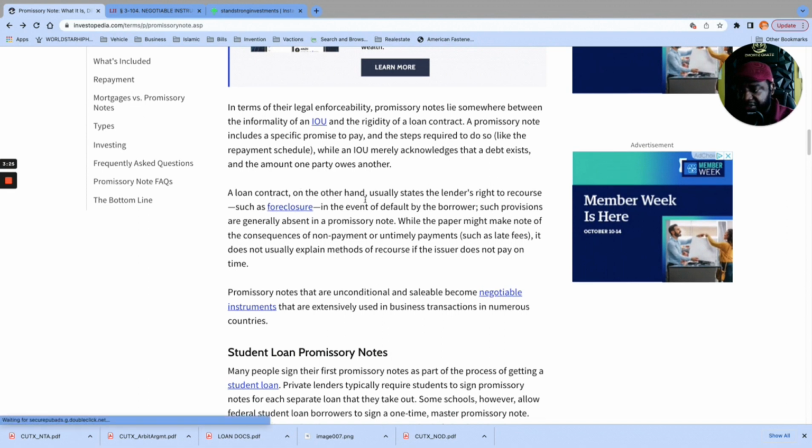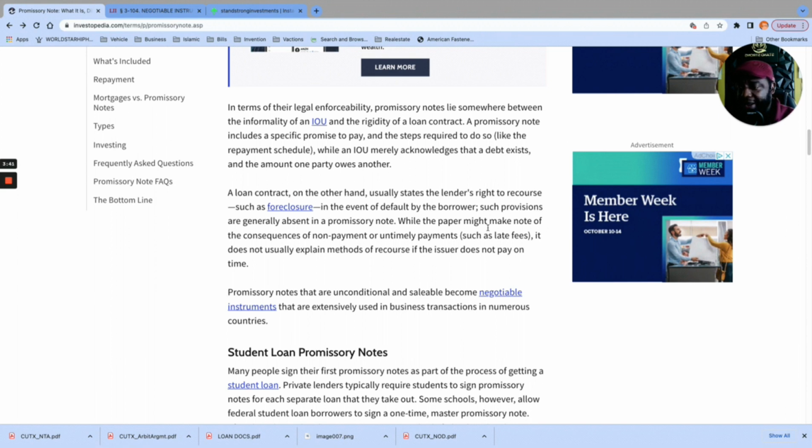A loan contract, on the other hand, usually states the lender's right to recourse, such as foreclosure, in the event of default by the borrower. Such provisions are generally absent in a promissory note.